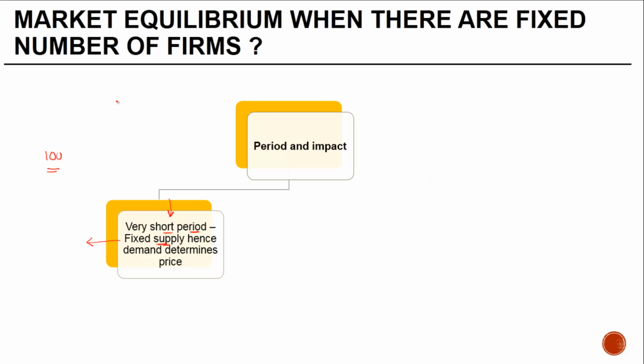Why? Because if the demand is, let's say, 50 units, which is less than the quantity supplied, the price will be on the lower side. Whereas if the demand for this commodity is 300 units, which is on the higher side, the price is going to be high. So in a very short period, it is the supply which plays the important part.